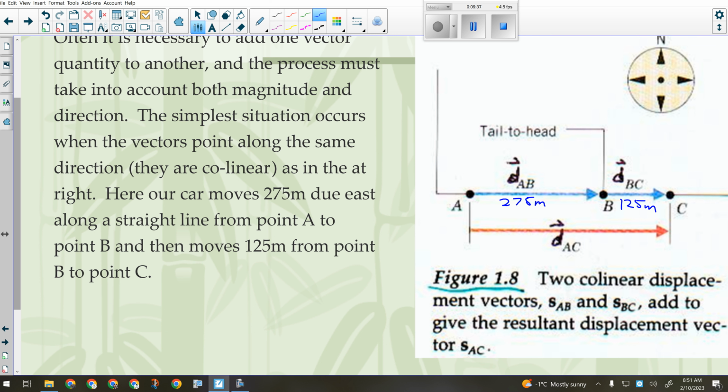So what's my total displacement if I follow those two vectors? 400 meters. Sorry, east, I have to have the direction on there. The whole point of vector addition is that we are adding vectors, and it's real easy to forget that. 400 meters east.